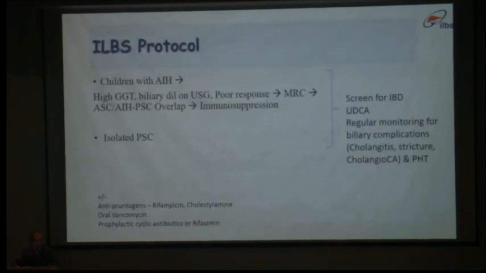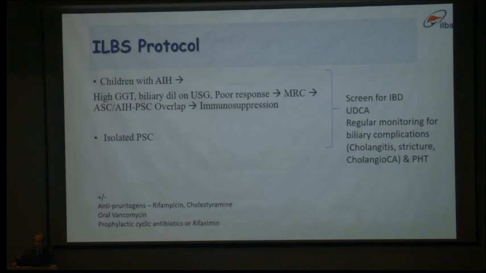So this is our ILBS protocol. All children with autoimmune hepatitis who have high GGT, biliary dilatation, or poor response, in those selected patients, we do MRCP to look for biliary changes and for autoimmune overlap syndrome, and we continue with immunosuppression. The other cohort is isolated PSC.